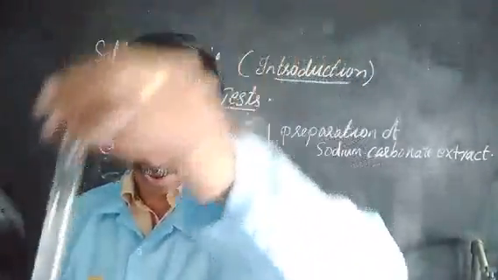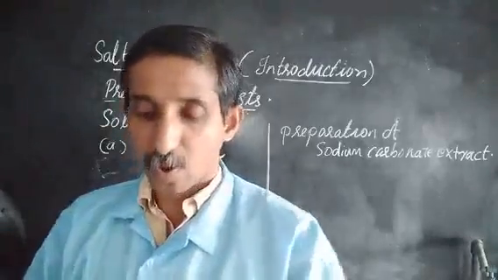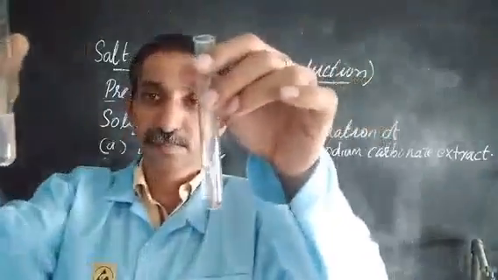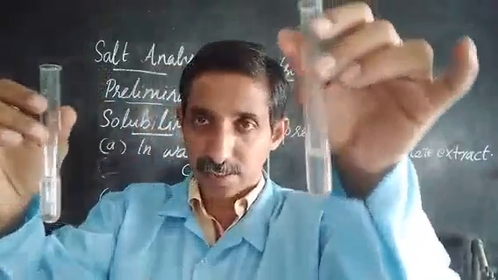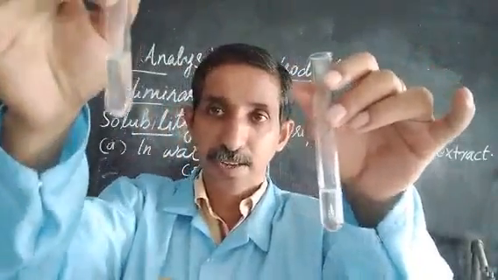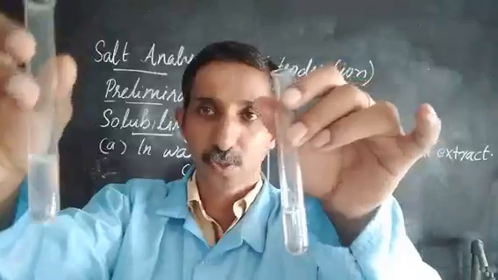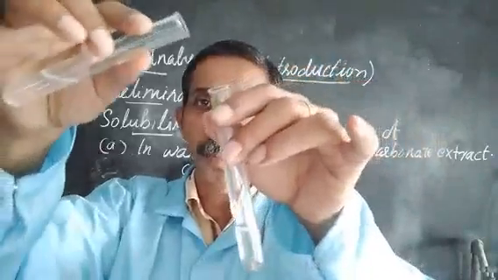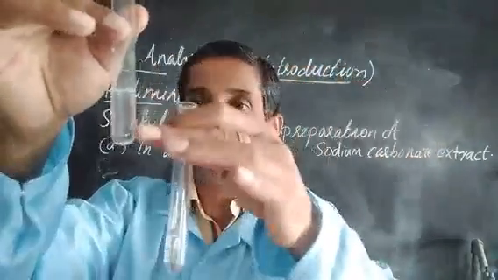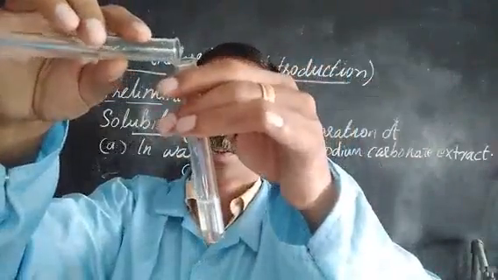You got a solution, and now the already prepared salt solution is there. This is the already prepared salt solution and this is the sodium carbonate solution. Now you are going to add the clear part of the sodium carbonate solution into this.